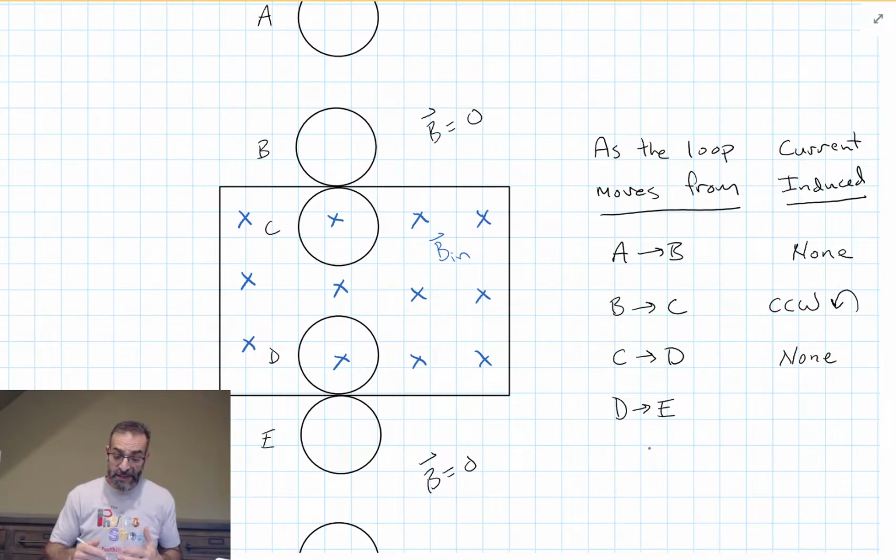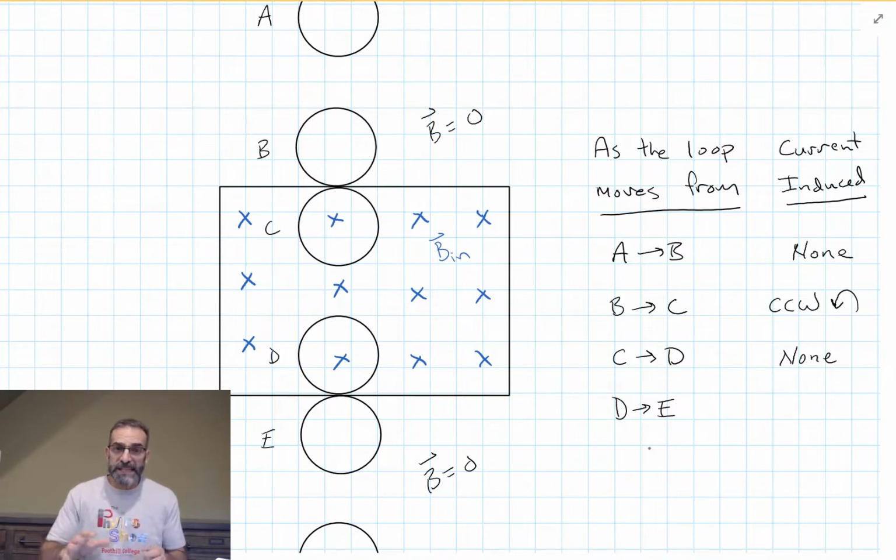So we have a changing magnetic flux. It was big and into the page at D, and at E, it's 0. So the current gets set up to try to get it back to where it was at D, big and into the page. So it adds its own magnetic flux into the page through the loop.